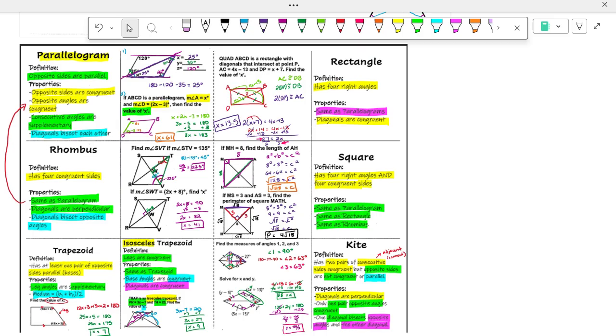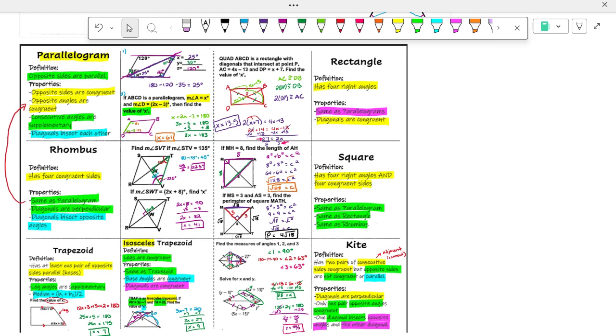So, a kite is actually a sibling of the trapezoid. So, quadrilateral is the big daddy. Whoa. All right. So it breaks down to the trapezoid and then the kite. The kite is kind of like the estranged aunt or uncle. All right. It's just kind of by itself.